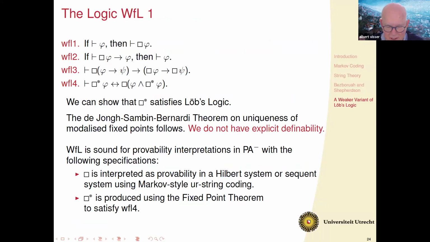With PA minus and the Markov coding, we have necessitation. We have Löb's rule, and to get Löb's rule we need Putnam's argument. And, the important thing, we have the second Löb condition, commutation with the arrow.